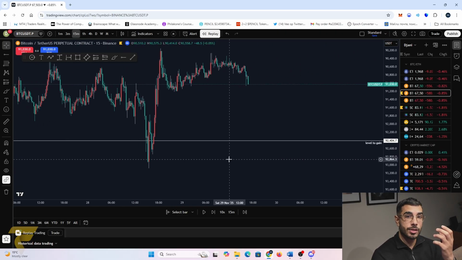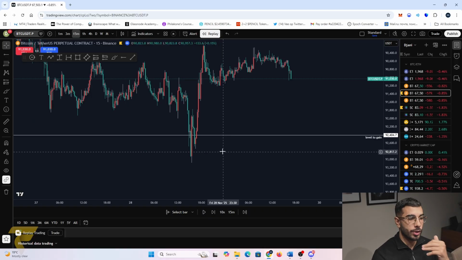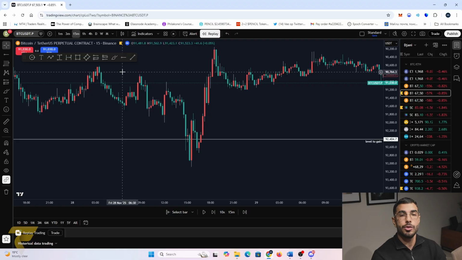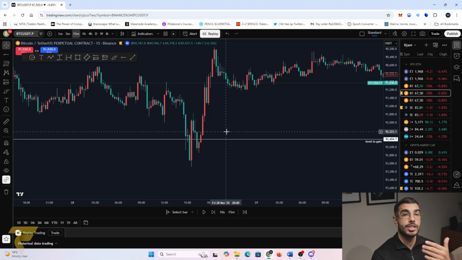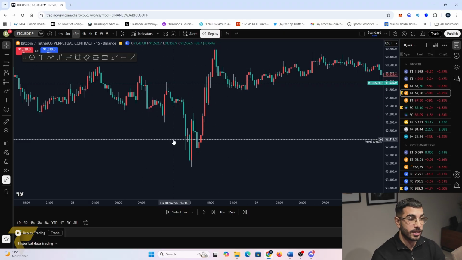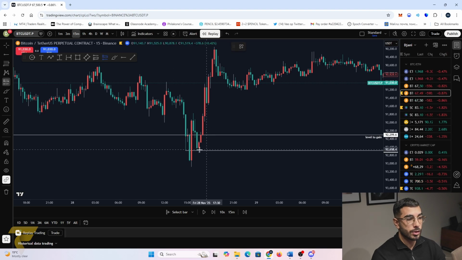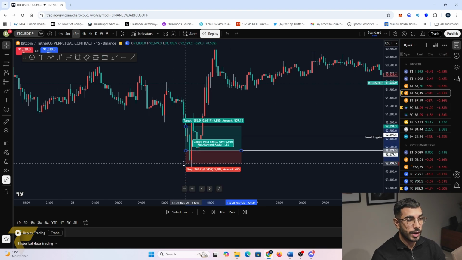Again, we touched a very important level on the higher time frames. So as you can see, what is a confirmation setup? Instead of playing immediately, we need to wait for certain triggers, or you want to see a so-called reversal being created. And this is perfect. So let me just fine-tune this level for a quick second. This was the level that brought us new lows. And look, this could have been the trading setup.